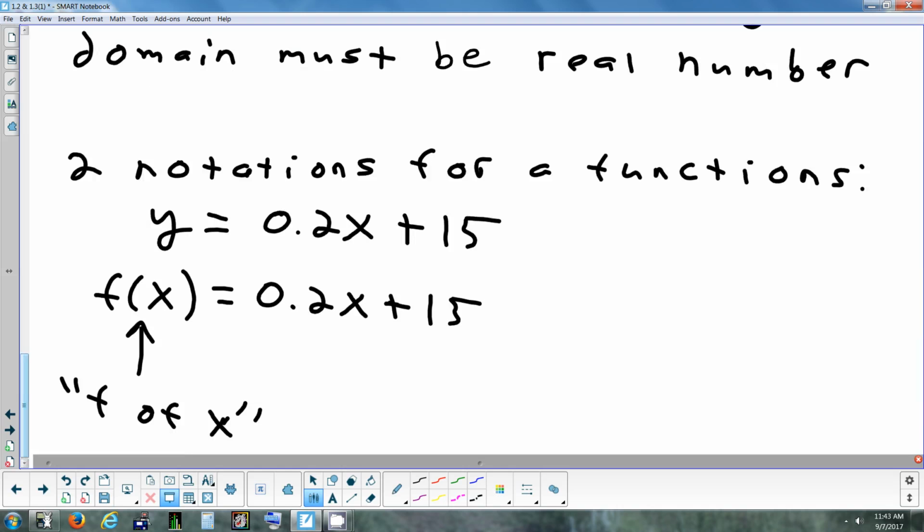And it could be f of x, it could be g of x, it could be h of x. You can use any letter you want. So if you see f of x and it's confusing or you don't like it, you can change it to y. It means the same thing. You've probably seen f of x notation since like algebra 1. It's just another way to write it.